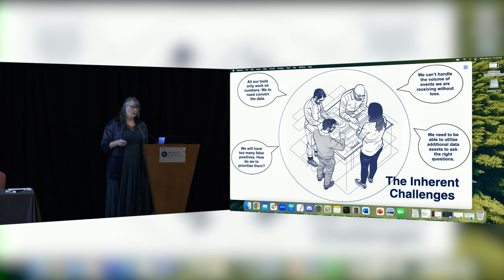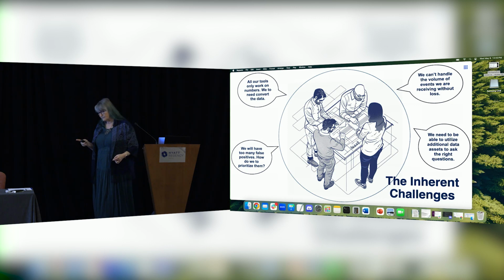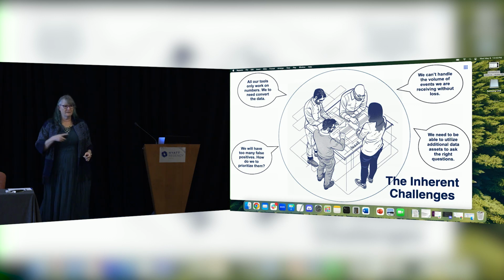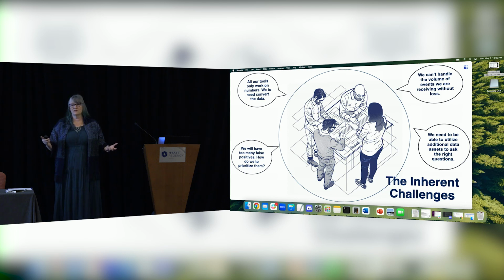And one of the big problems is that your tools only work on numbers. Now, unless you have a graph database, this is the way it is. Data comes in and it's an IP address that accessed a file and moved it over here, and somebody else accessed it, and then oops, it got stolen.